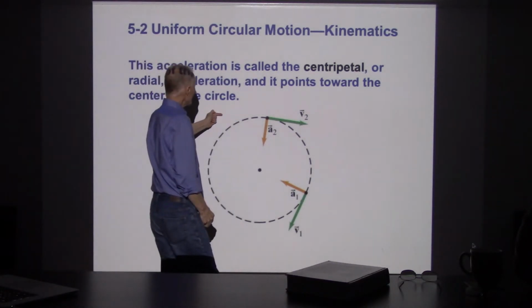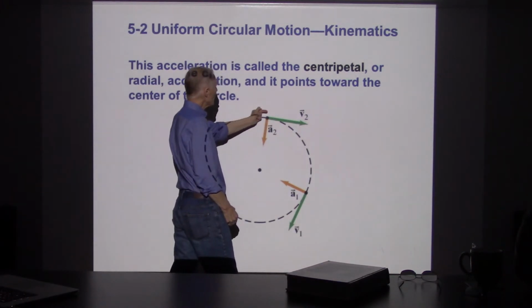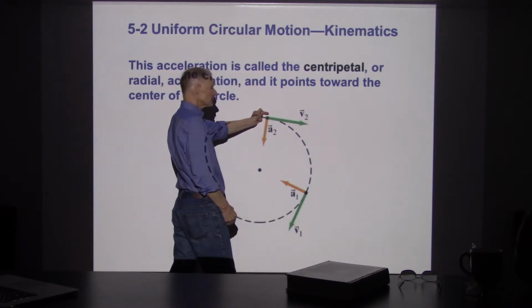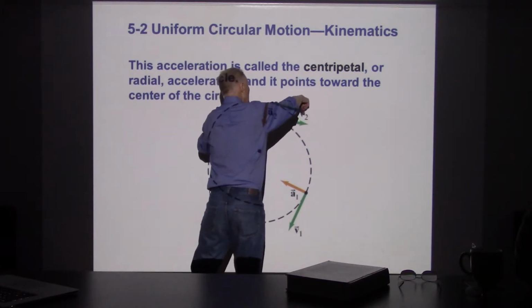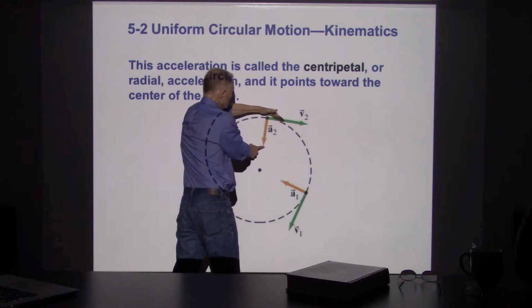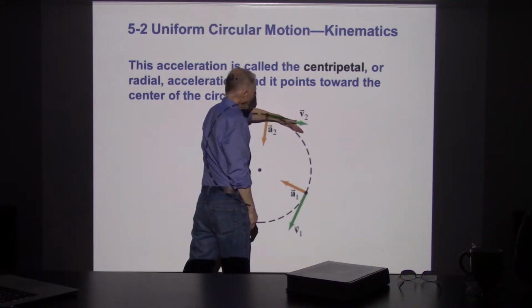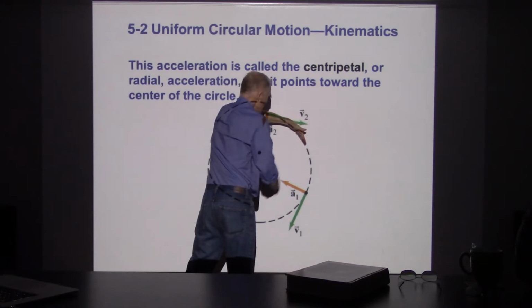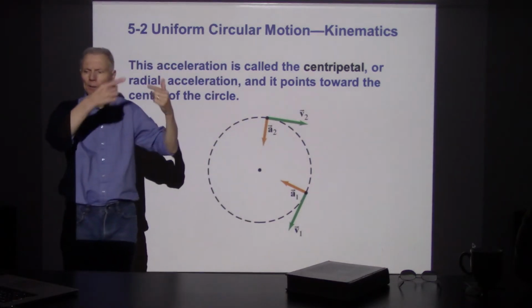Because if I'm going along in this direction, how do I have to alter my velocity to stay in a circle? I have to alter my velocity by tipping the velocity in that direction. A little bit of acceleration tips the velocity, and then a little more acceleration tips the velocity again, and then we end up completing a circle.